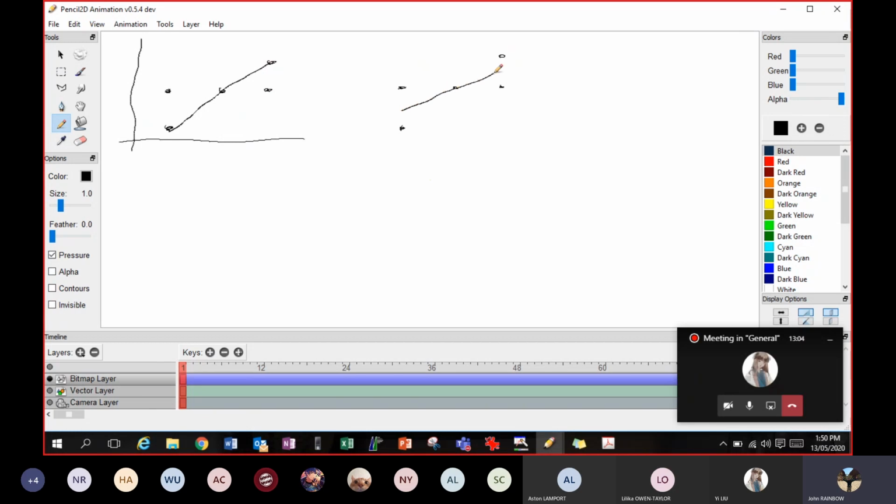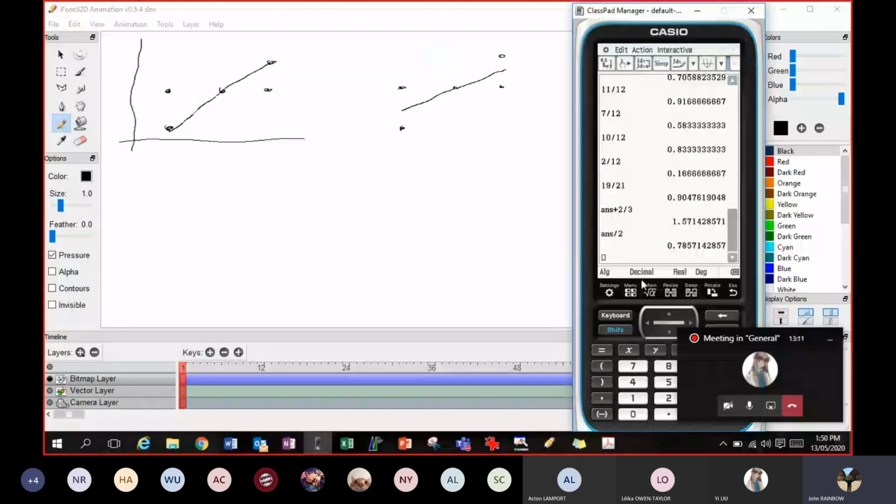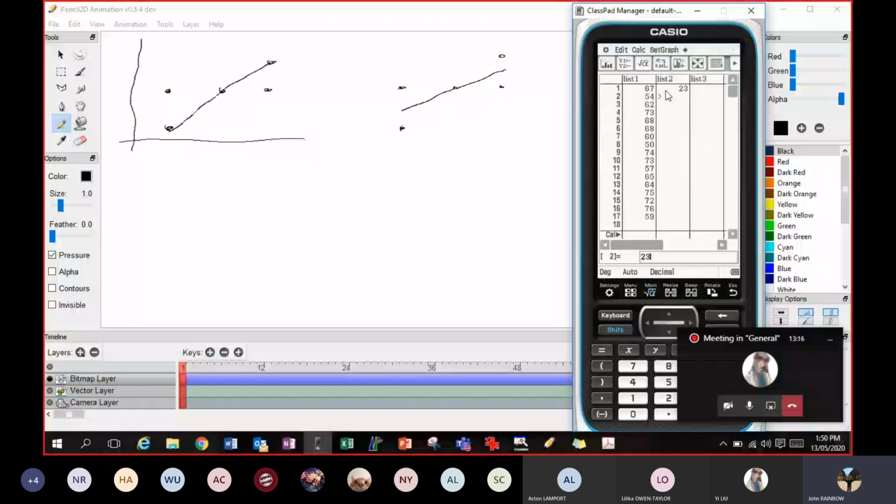What we're really trying to understand, guys, is what happens when you go into statistics and put all your data in. And when you go to calc, regression, lin reg, this is the least squared regression line.